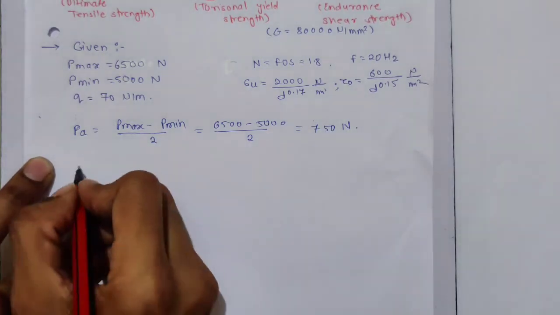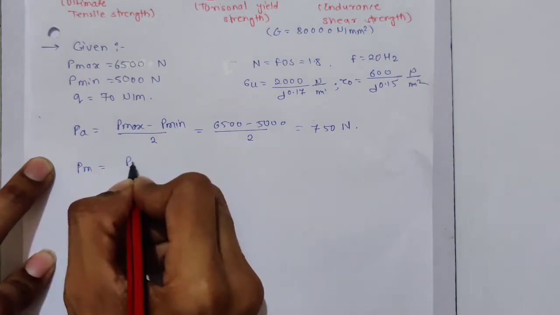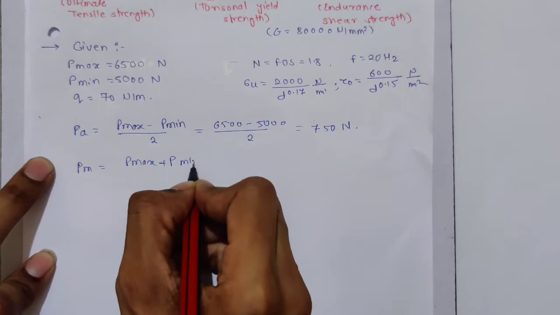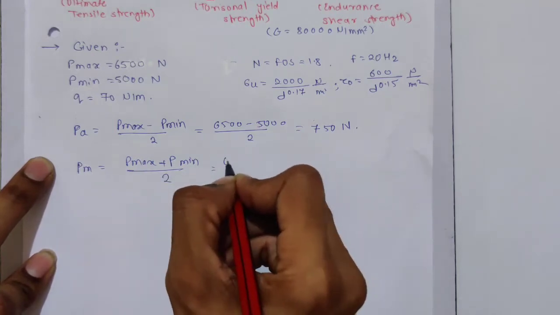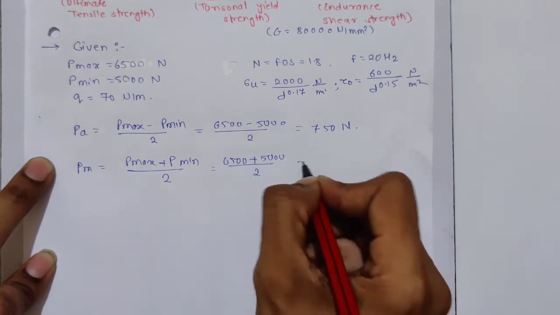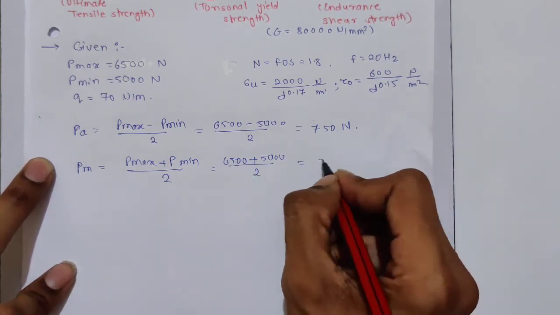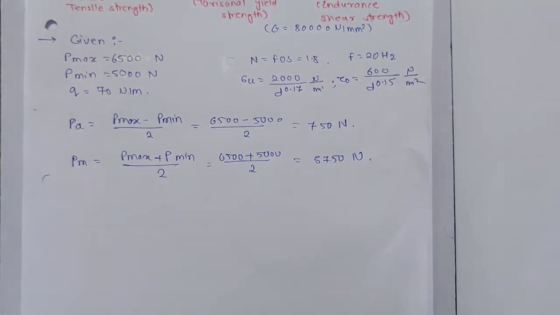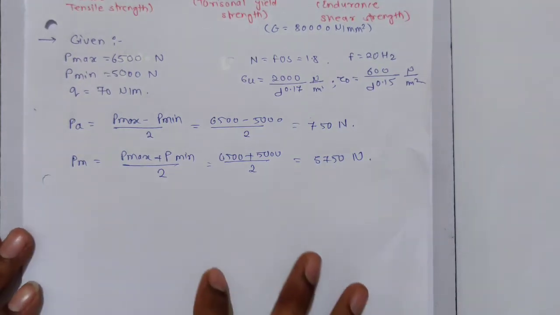Then P mean is equal to P max plus P min divided by 2, so 6500 plus 5000 divided by 2, so it is 5750 Newton. This we have already seen in the last sum. Same, I am copying, nothing different.